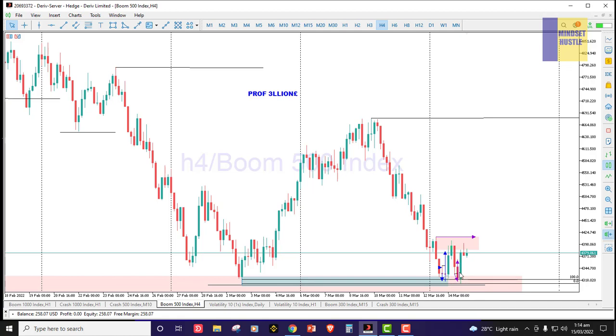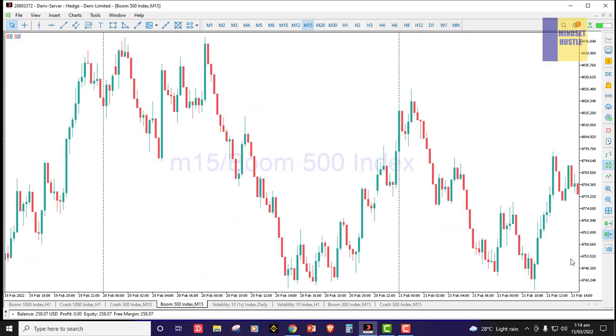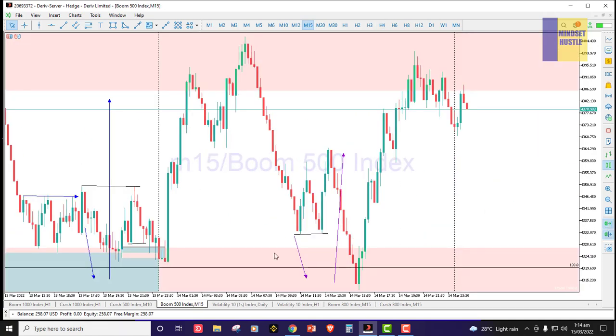And today my private students milked this. I gave them the setup on the lower time frame. I went to 15 minutes to give them zones twice. The first one from here up to that session, and then the second one from this zone over here, where the black line is, and they took profit here.